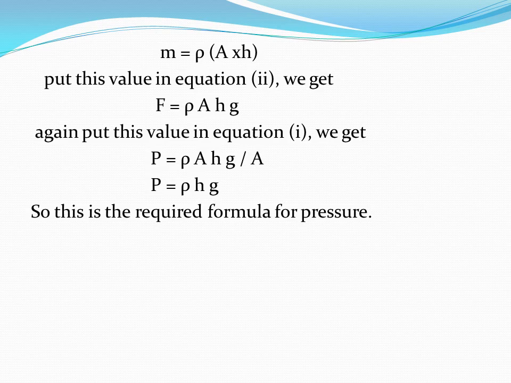You can clearly see that we have two similar terms in the denominator as well as in the numerator. So this term will be cancelled out and we are left with the relation P = rho gh. So this is the required formula for pressure, and it implies that the pressure of the liquid is directly related to the depth. That is, P is directly related to the depth.